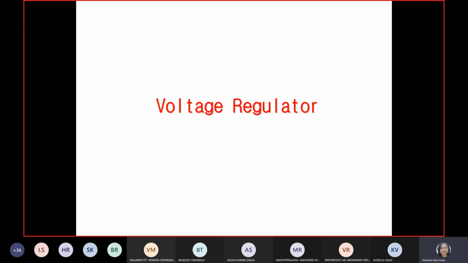If you see your power banks or the mobile charger or the laptop adapters, all generate the regulated output. But sometimes you might have seen the DC sign and you are thinking that this is the source of the DC power supply.